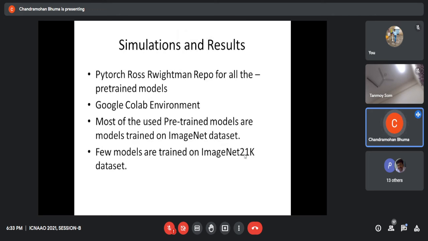And some of the models that I have taken are trained on the ImageNet 21K dataset. So that means more than 12 million images. In fact, there are more than 21 million images in the ImageNet 21K dataset.